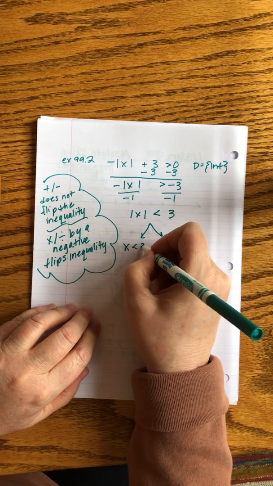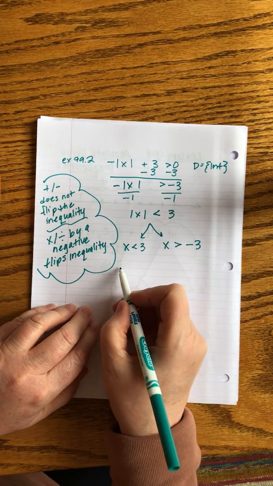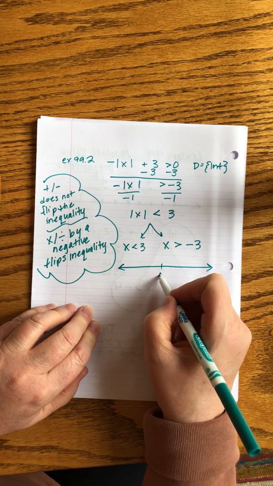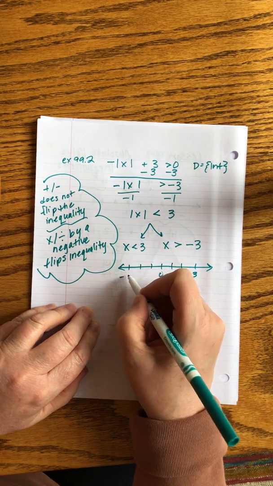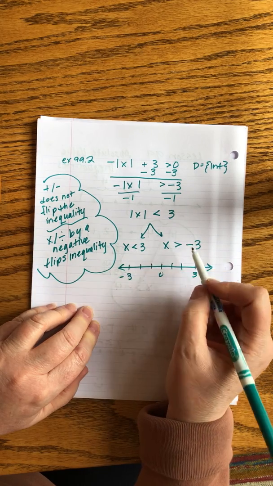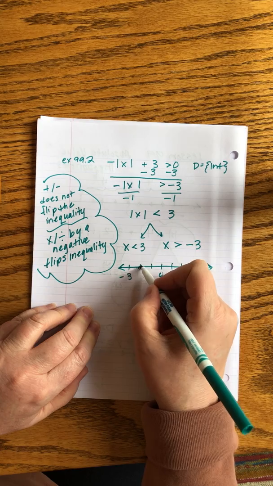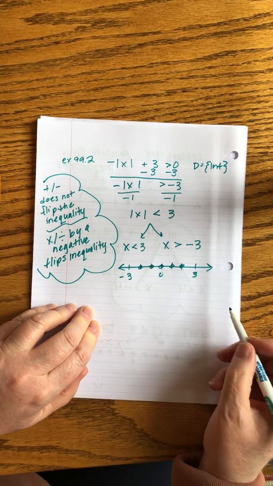X is less than 3. X is greater than negative 3. And we've got the integers 0, 1, 2, 3, 1, 2, 3. We do not want to include 3's in our solutions. We're graphing integers, so it's 2, 1, 0, 1, 2. And that's correct.